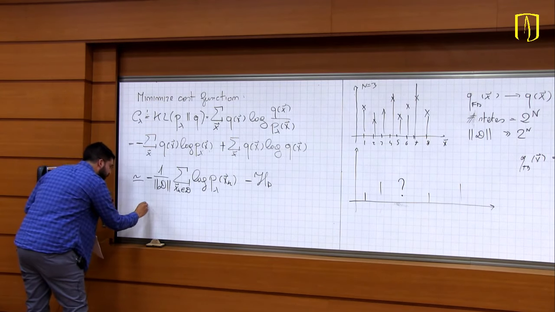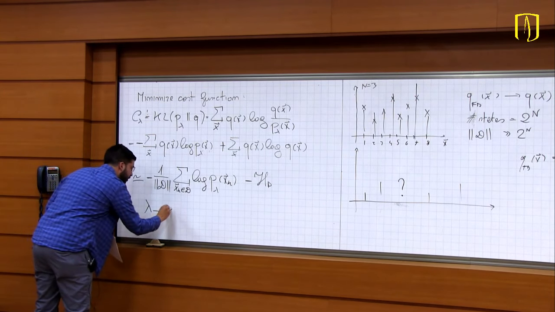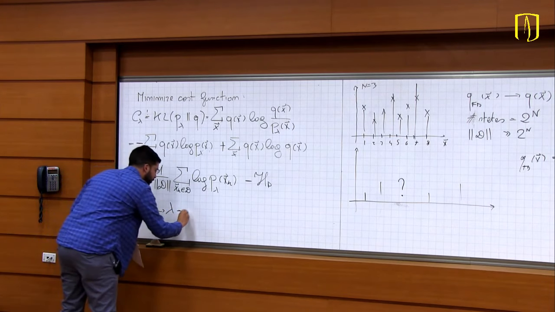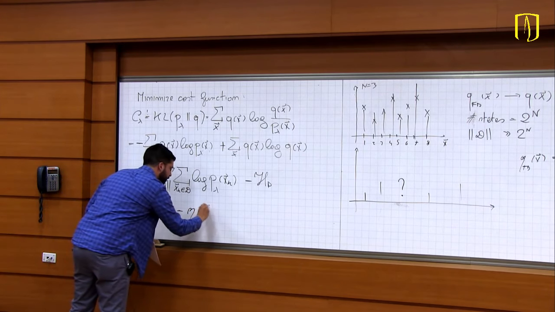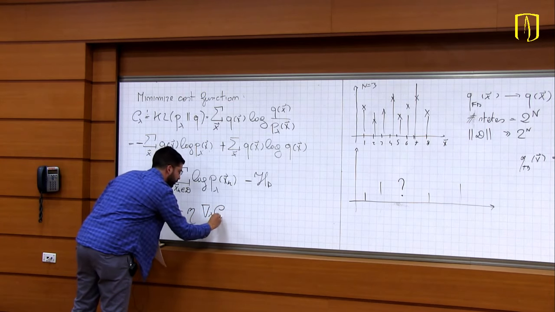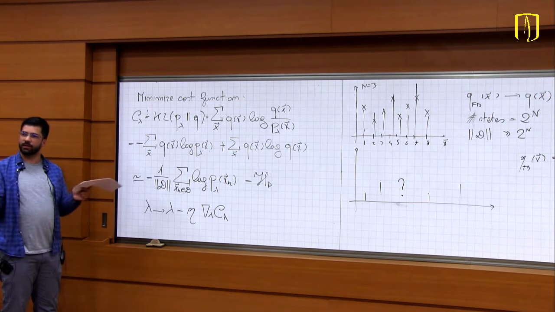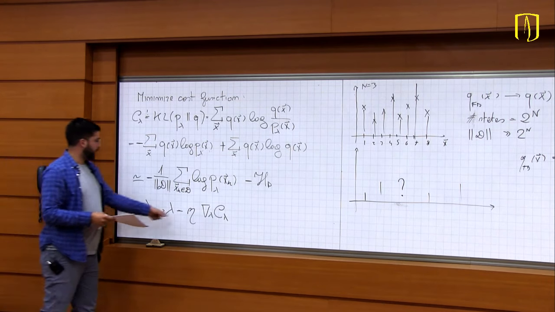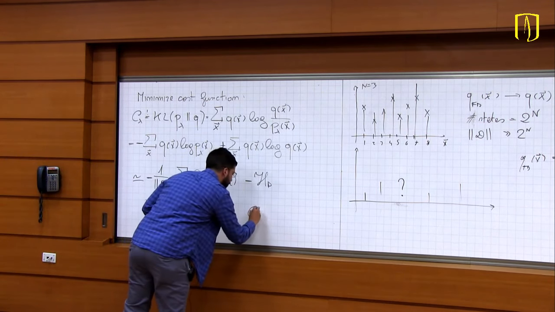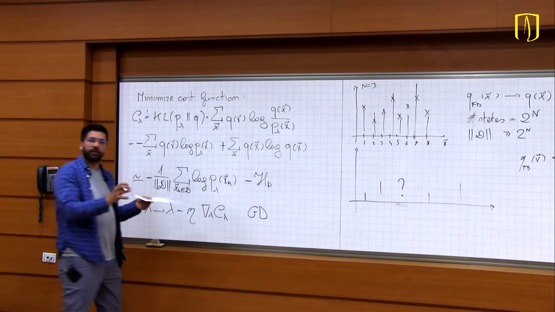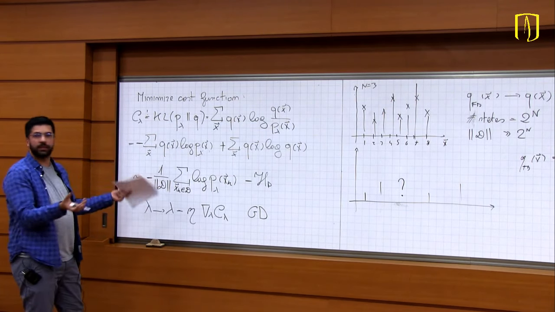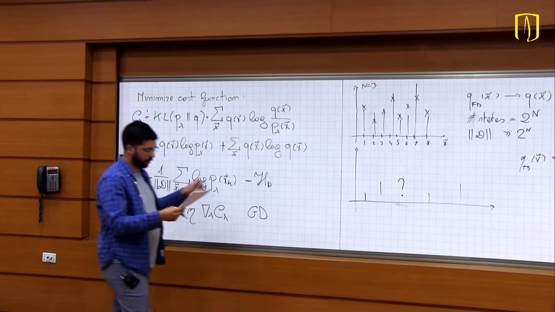The simplest one is you take your lambda and modify it according to the gradient of the cost function. This is the learning rate, your step size, same thing as yesterday. There are many different types of gradient descent. This is the simplest one, but this is the general philosophy.